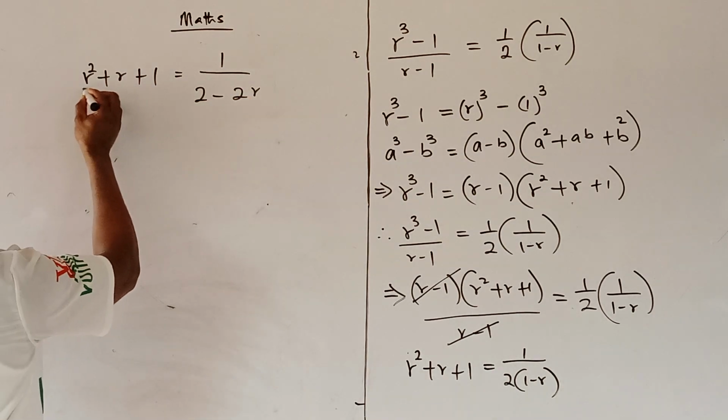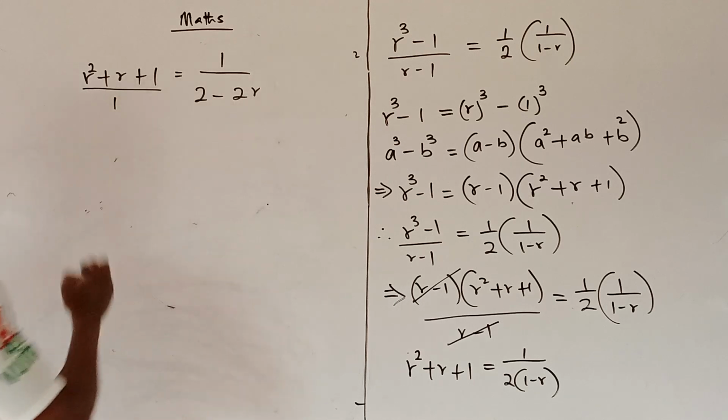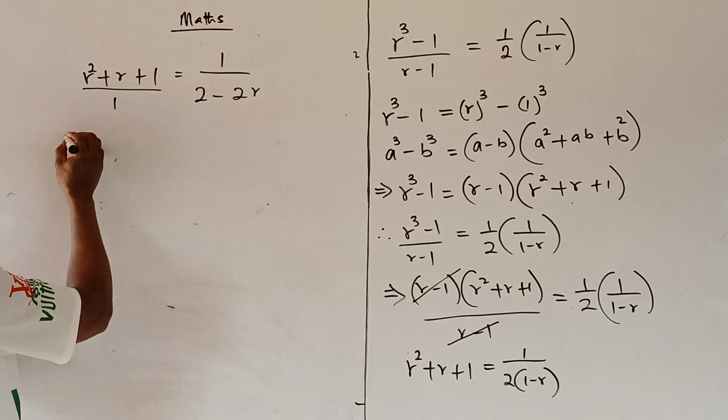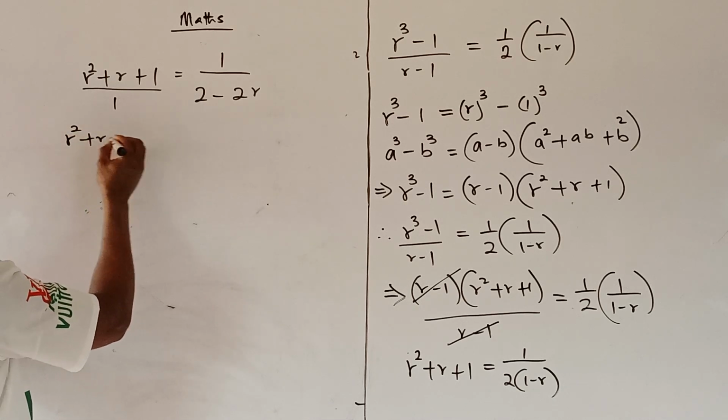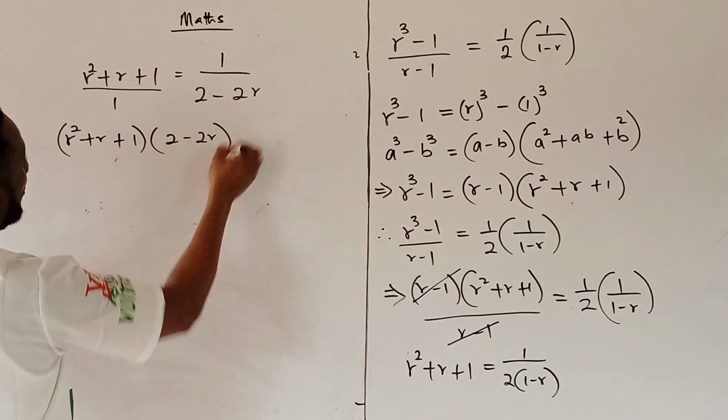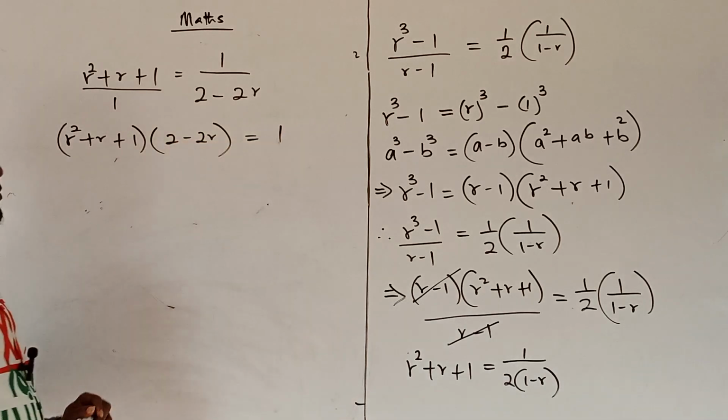This entire numerator, I can write it as a fraction by dividing it by 1. The next thing I shall do is to cross multiply. That will be (r squared plus r plus 1) multiplied by (2 minus 2r) equal to 1.